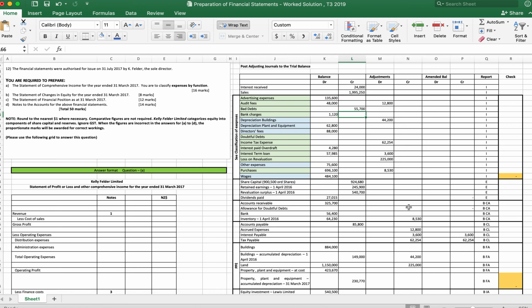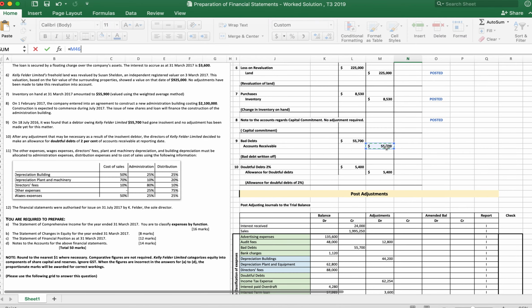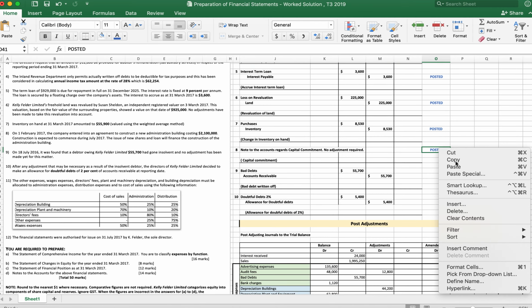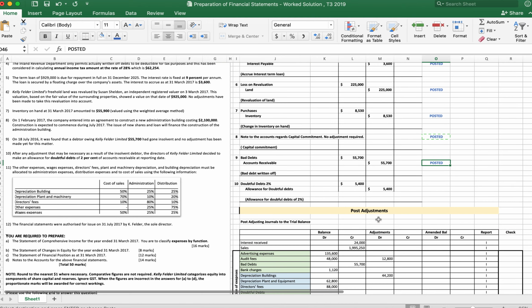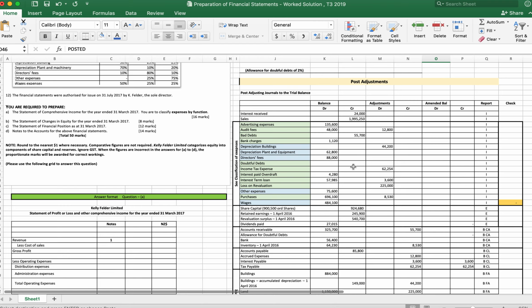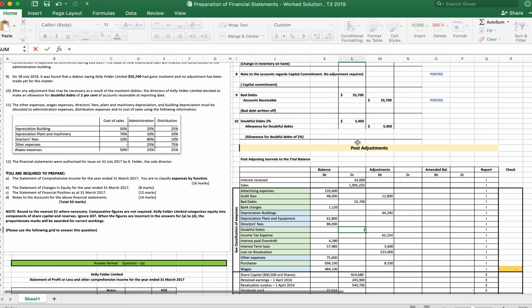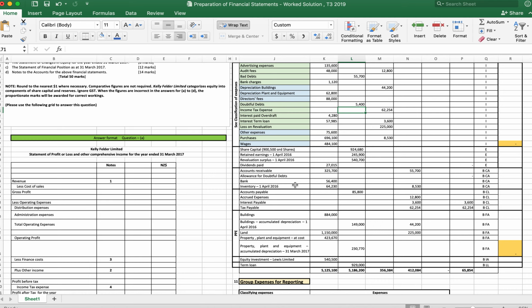Accounts receivable we need to reduce. Okay, just about there. Okay, and the next one is doubtful debts. Okay, and allowance for doubtful debts is by accounts receivable.